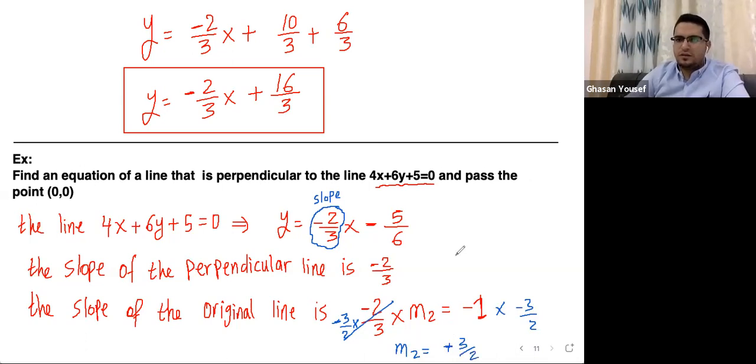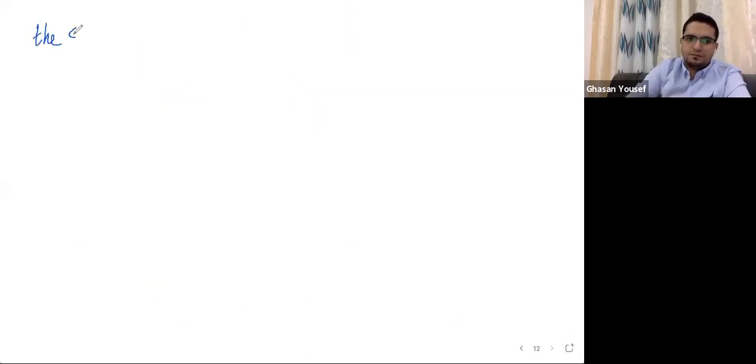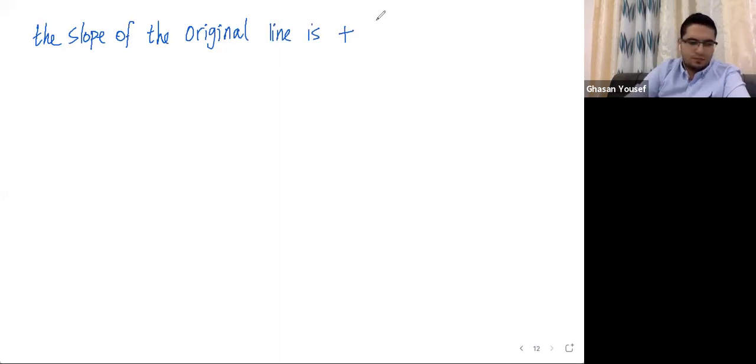So the slope of the original line is positive 3/2. Or we don't have to write the positive.